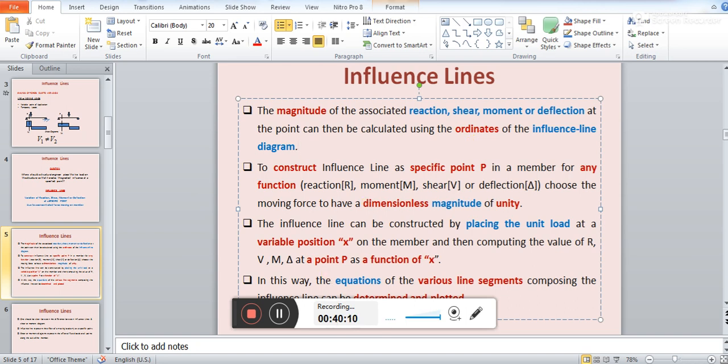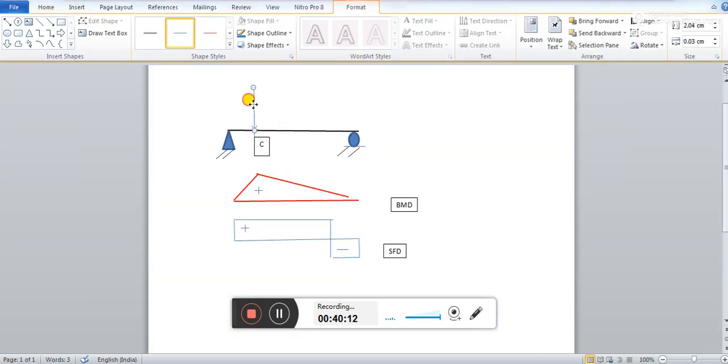That means if you go back here, when we are talking about this load, this load always should be a unit. So while constructing the influence line diagram, you should take the value of this load as 1, and you need not consider any unit for it. That means you need not consider whether the load is in kilonewton, pound, quintal, or kg.